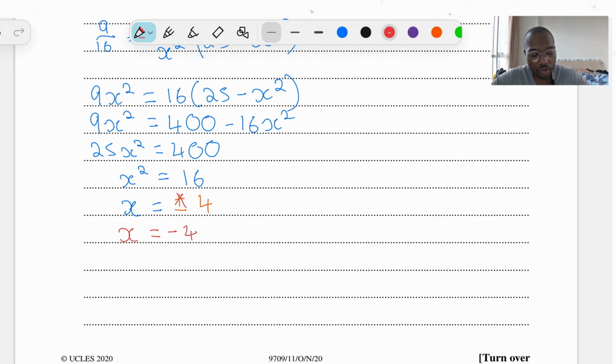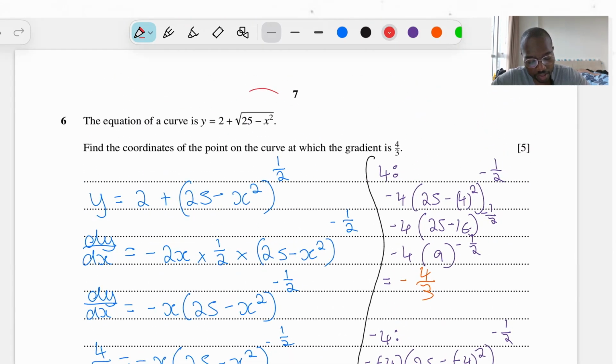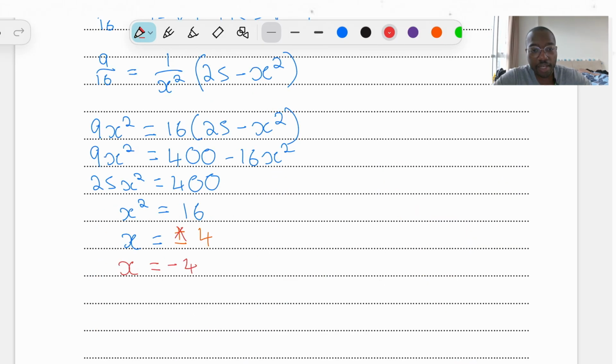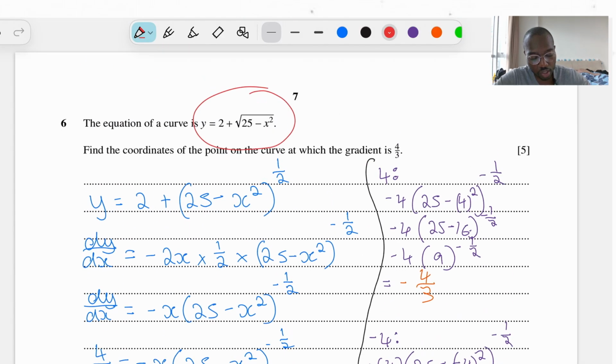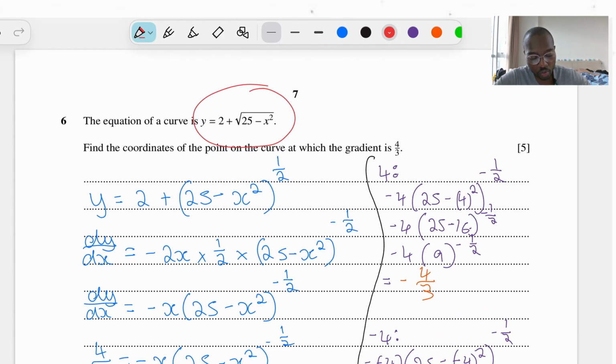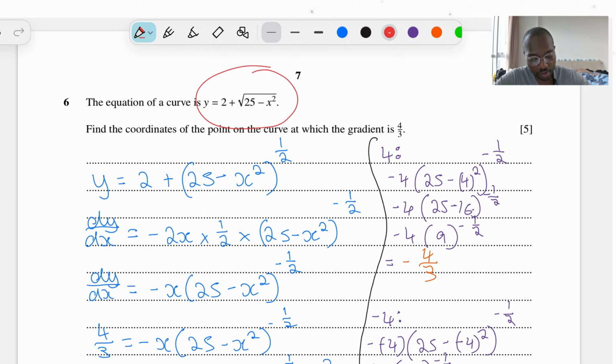Now we can put that -4 back into our original curve, which was y equals 2 plus the square root of 25 minus x squared, and that should give us our answer.